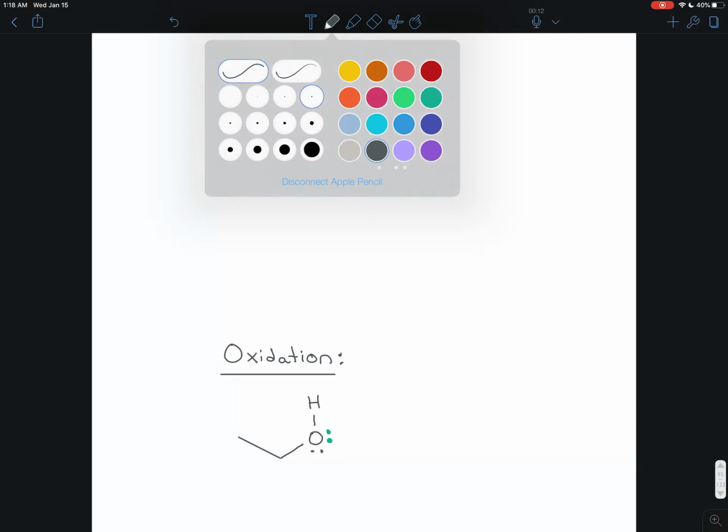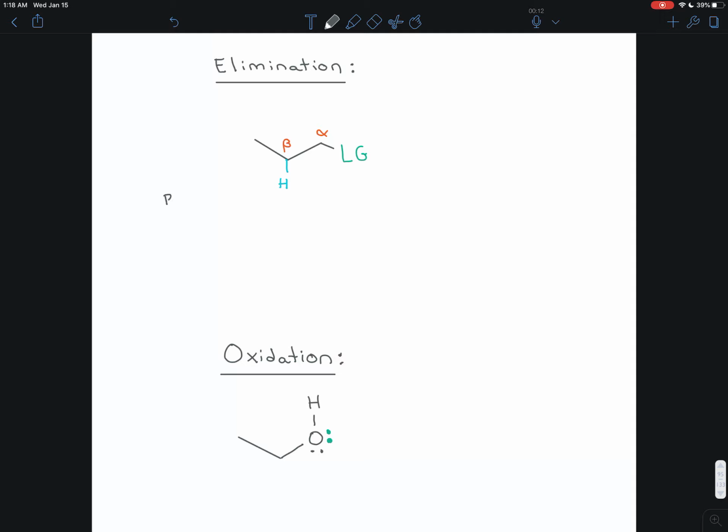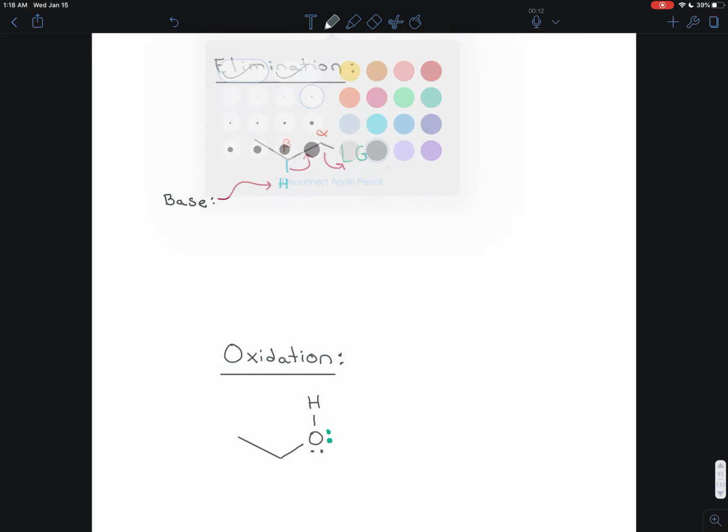In an elimination reaction, you'll have a base, and the base can swoop in and steal that beta hydrogen. The electrons go toward the leaving group and kick the leaving group off. So here I'm drawing an E2 mechanism, if you remember what that means, and if not, I have videos that review that.